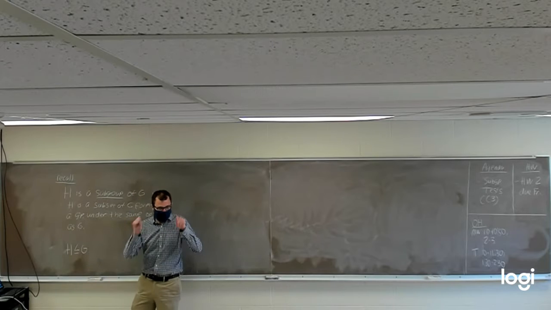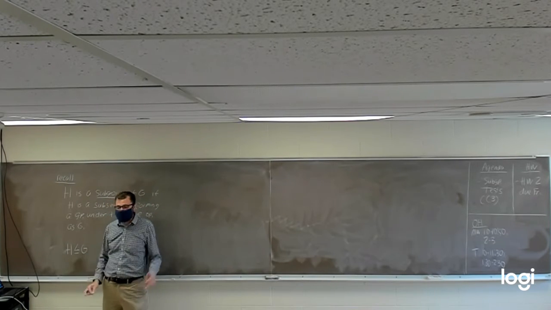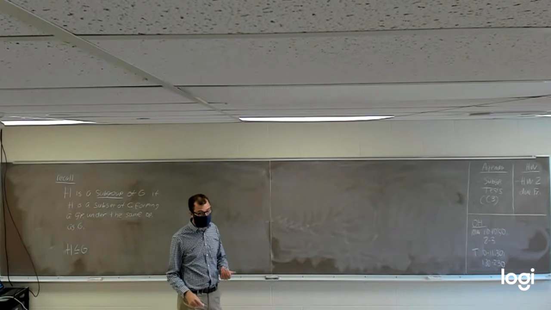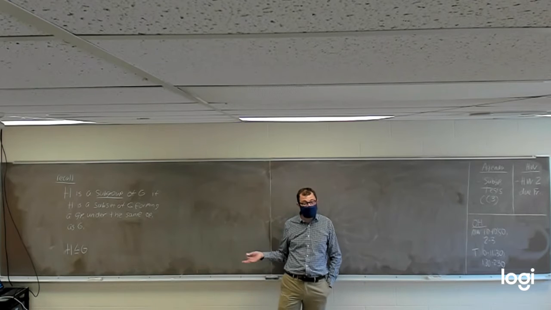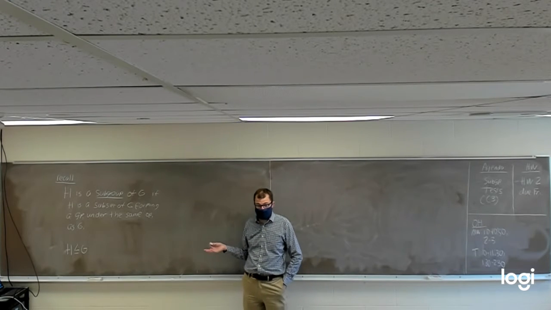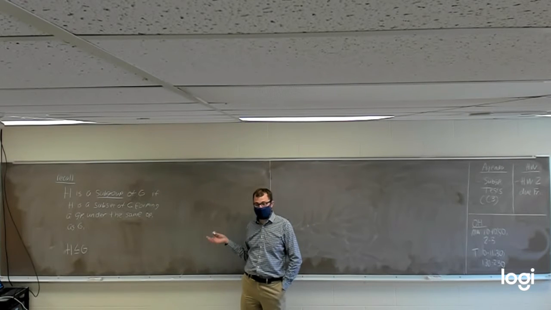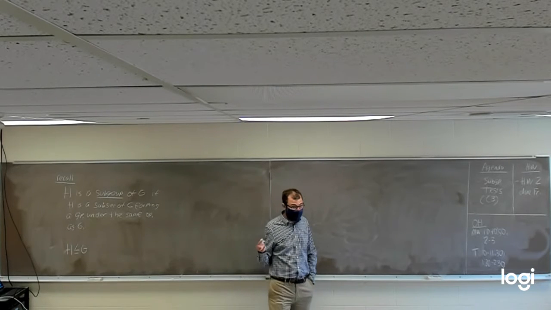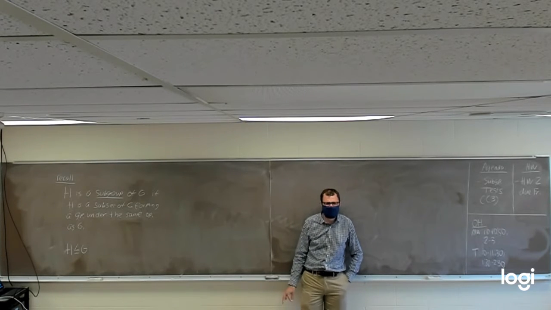We say H is less than or equal to G. This symbol really just means H is a subgroup of G, which we'll be using throughout the semester. And on Friday, we looked at a bunch of different examples of subgroups, including the center of a group, the centralizer of an element, the group generated by a single element. And today, we're gonna prove some theorems related to these subgroups. Any questions or comments before we get started for today?